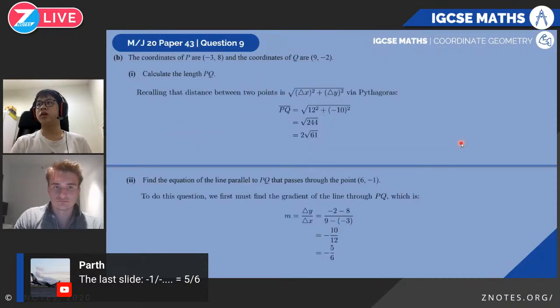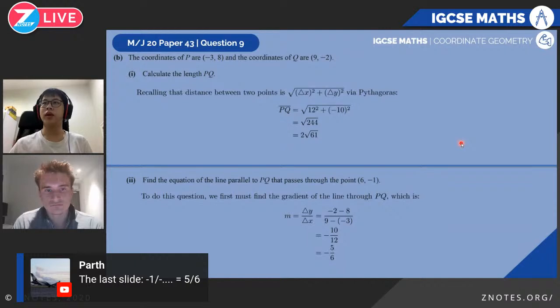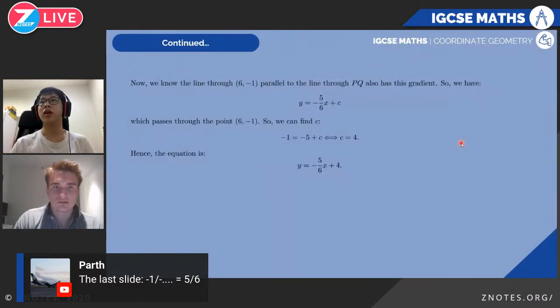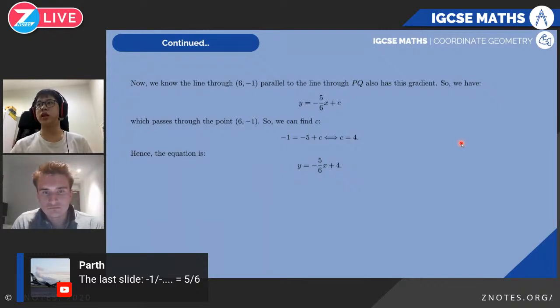Oh, okay. So I don't think it's 4 by 7. Can we head to the next slide again? Thank you. Since the gradient is -5/6, when you take the reciprocal and multiply by negative, you'll get 6/5.